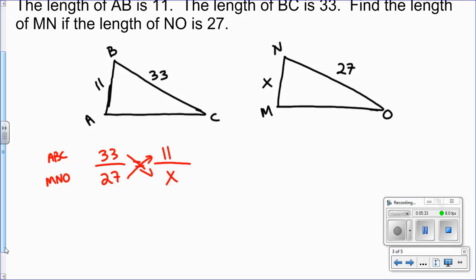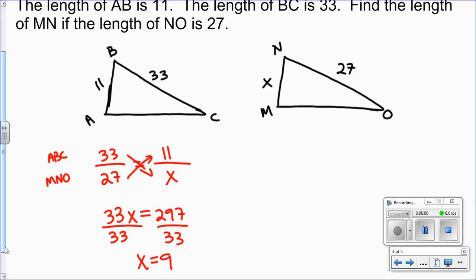So we get 33x equals 11 times 27, which is 297. Divide by 33. We get x equals 9.